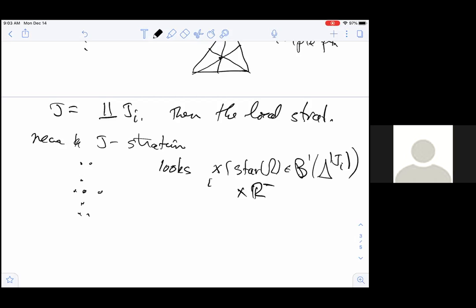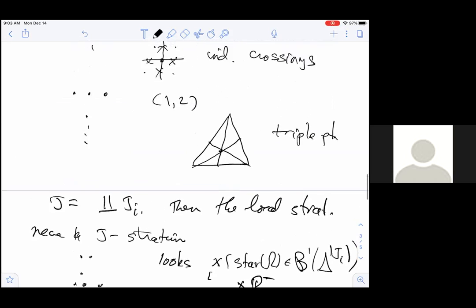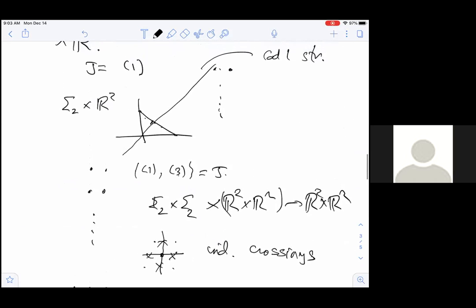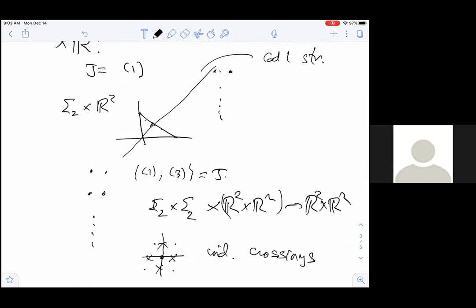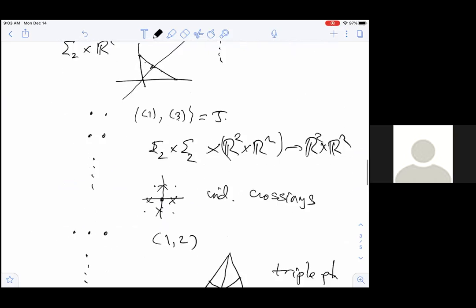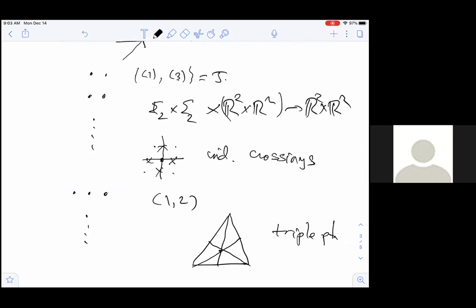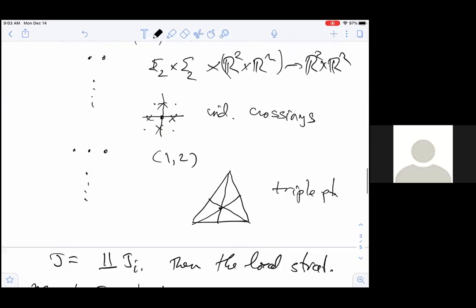So we've seen 3 cases of this. When J is a single interval of length 1, the stratification looks like the stratification given by the barycenter in the interval: 2 codimension 0 strata and a codimension 1 stratum, cross some Euclidean space. When J is 2 independent crossings, you get the product of that stratification with itself.